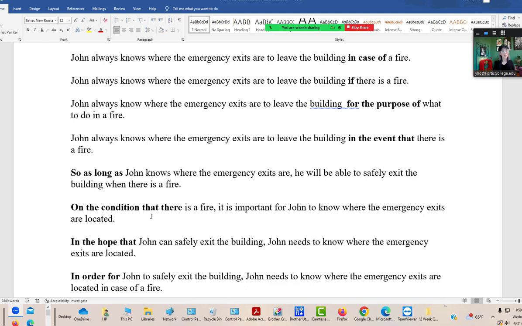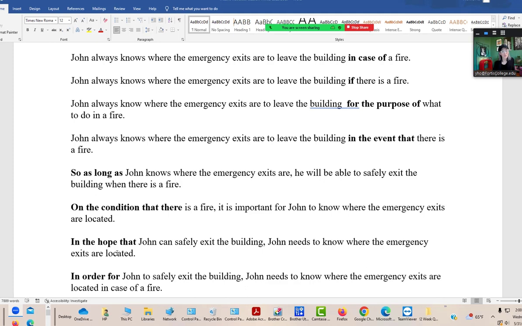On the condition that is also another way of saying if, because you would say if there is a fire, or on the condition that there is a fire, it is important for John to know where the emergency exits are located. In the hope that John can safely exit the building, John needs to know where the emergency exits are located.